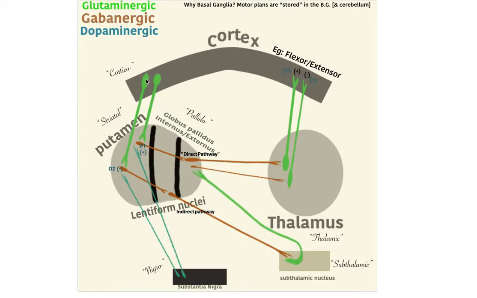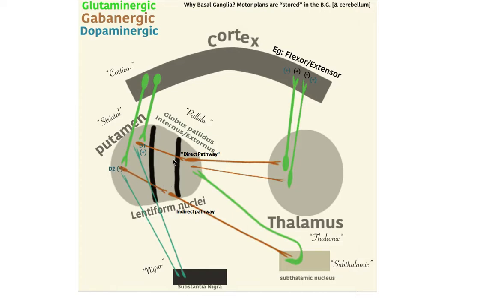Now, the indirect pathway is, as I said, going through the subthalamic nuclei. Let's walk through that real quick. A glutaminergic, or positive, signal is sent down to the putamen again.